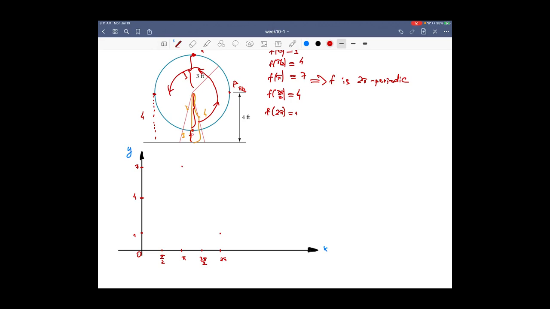And at pi over 2 and 3 pi over 2 we have value 4. And then, of course, it goes the same way. It's 2 pi periodic.